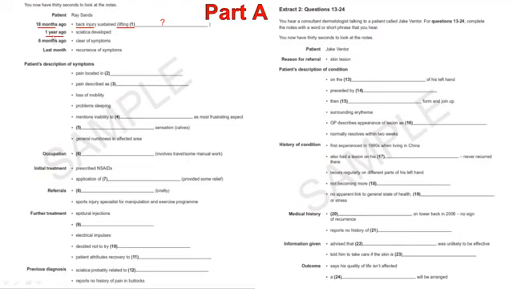After that, 1 year ago, sciatica developed. 6 months ago, clear of symptoms. Last month, the recurrence of symptoms. The next main item, patient description of symptoms. So here the patient will talk and describe the symptoms.